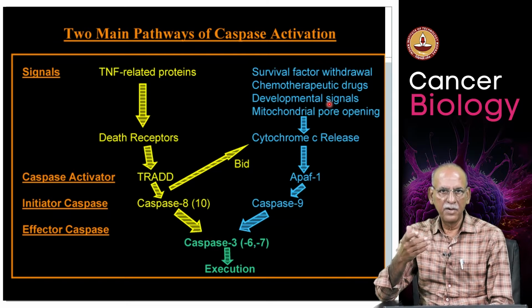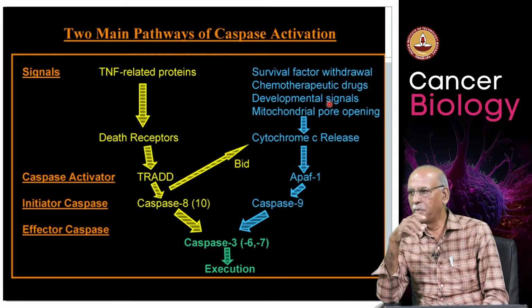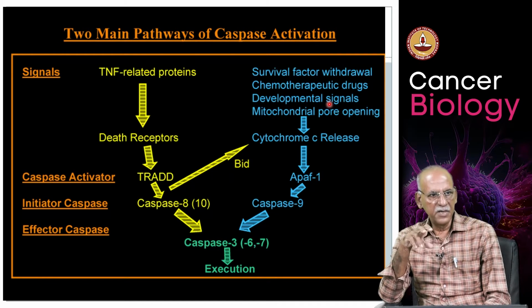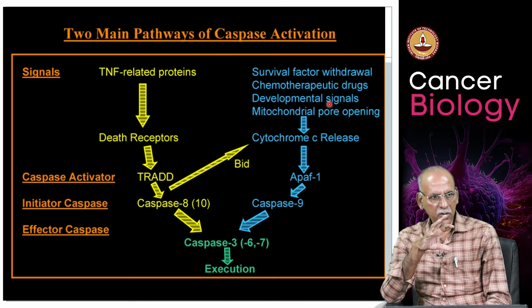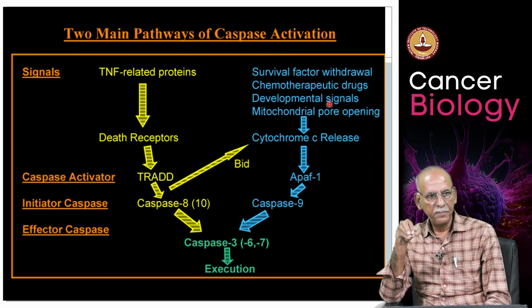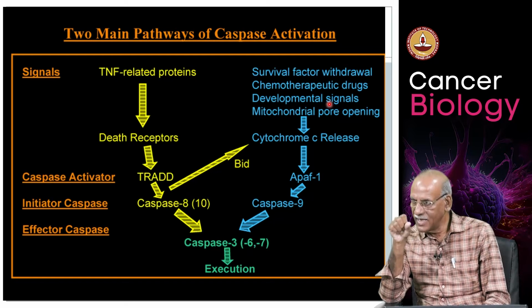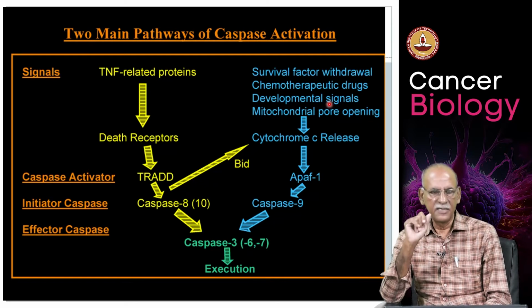What it means is developmental signal, mitochondrial pore opening. One of the most important events in the intrinsic pathway is that the mitochondria open up and leak certain molecules that initiate cell death.